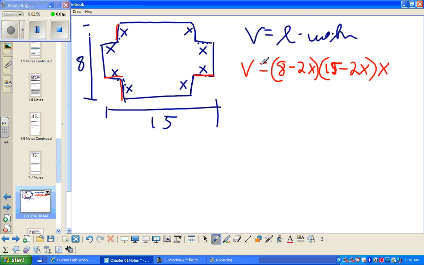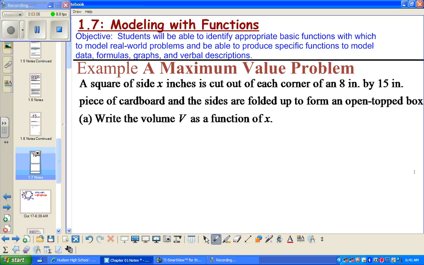Now the next question I have is, what's the domain of this volume in terms of x? That might be written in this way: find the domain of V as a function of x. It means the same thing.